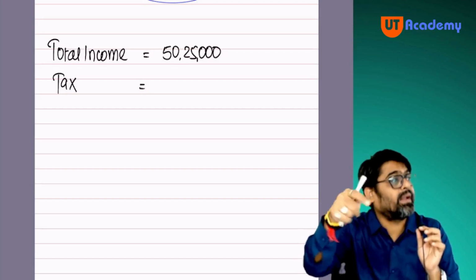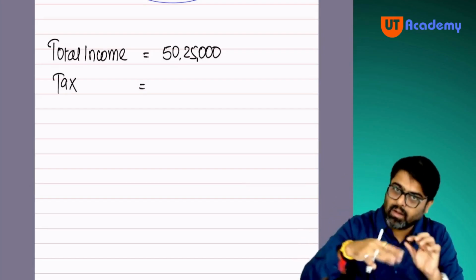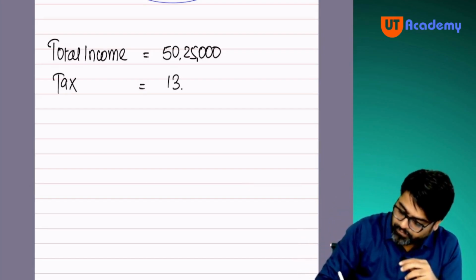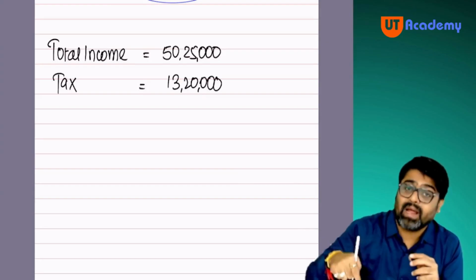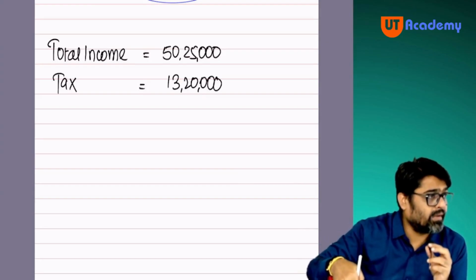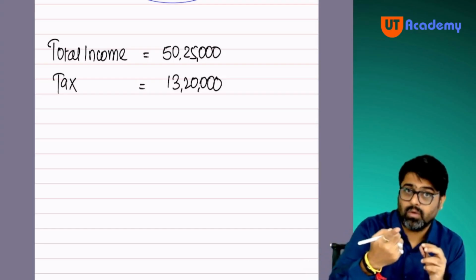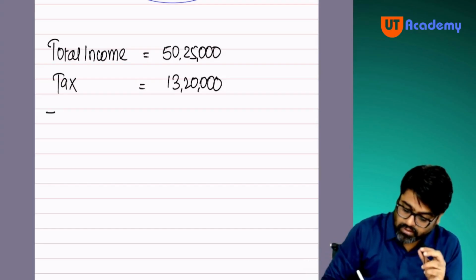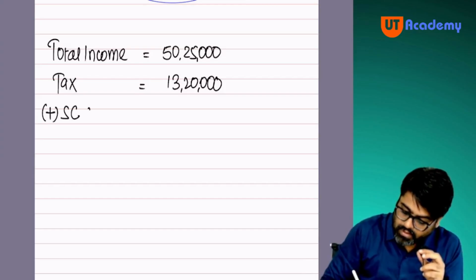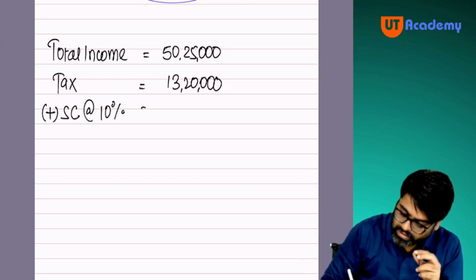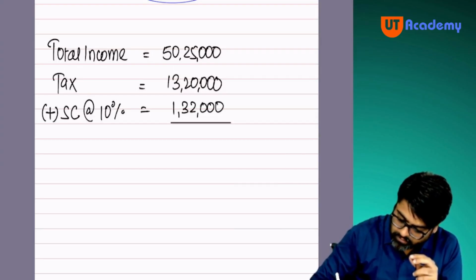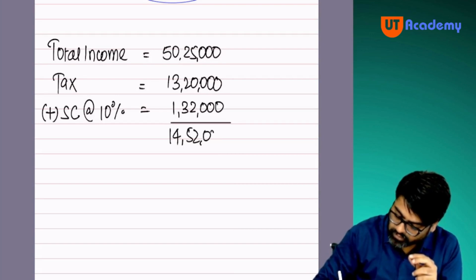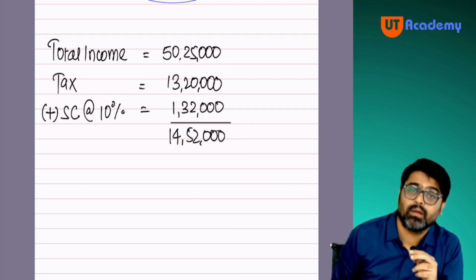With that 12,07,500 add everything. So 13 lakh 20,000. You have calculated this properly, no? Everyone, because I am relying on you for calculations. Add what? At what rate? So calculate 10%. 1,32,000 total. 14 lakh 52,000. This is the tax including surcharge.